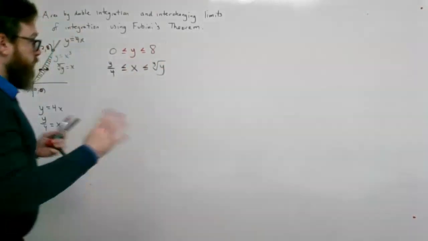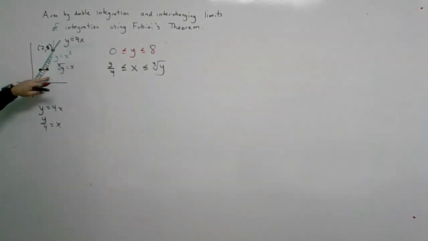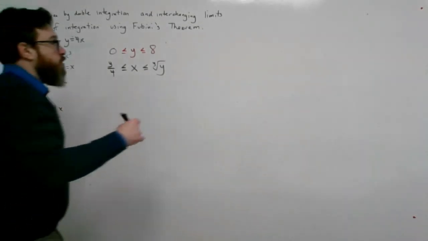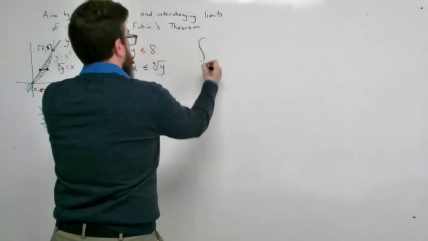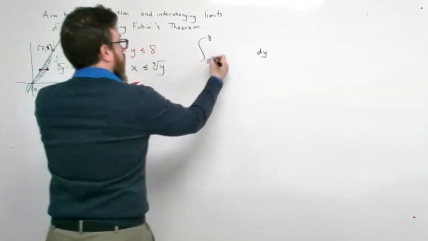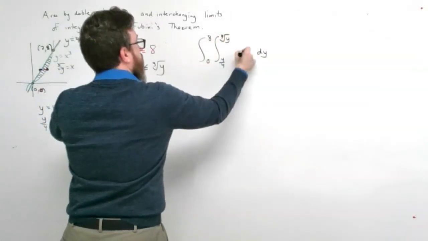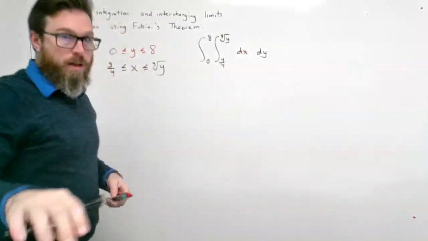Now we already know that the area is going to be 4, so this is just verifying that we can switch the limits of integration and get exactly the same thing back. So now we're going to have the integral from 0 to 8, that's our dy, and the integral from y over 4 to the cube root of y, and this is dx.